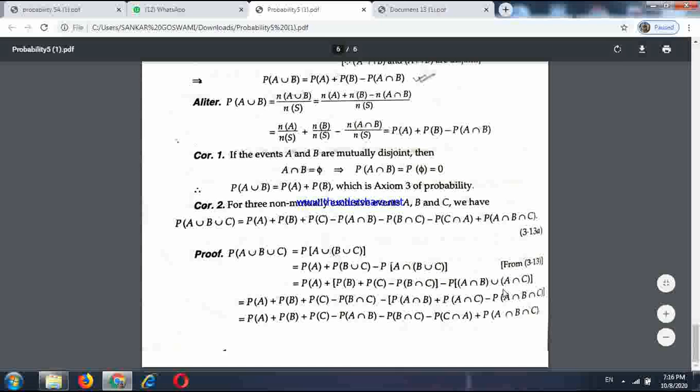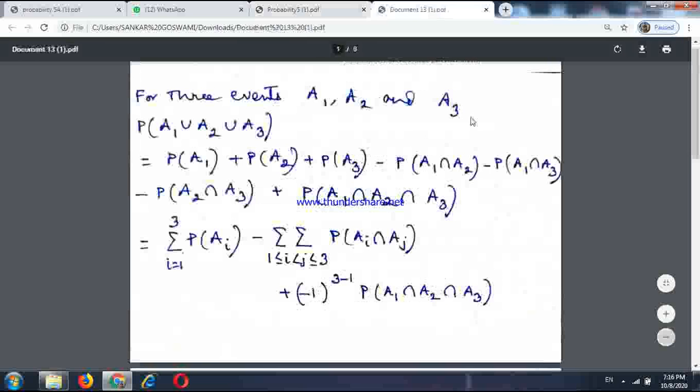It's very simple. That means for three events A1, A2 and A3, I can write P(A1 union A2 union A3) equals P(A1) plus P(A2) plus P(A3) minus P(A1 intersection A2) minus P(A1 intersection A3) minus P(A2 intersection A3) plus P(A1 intersection A2 intersection A3).